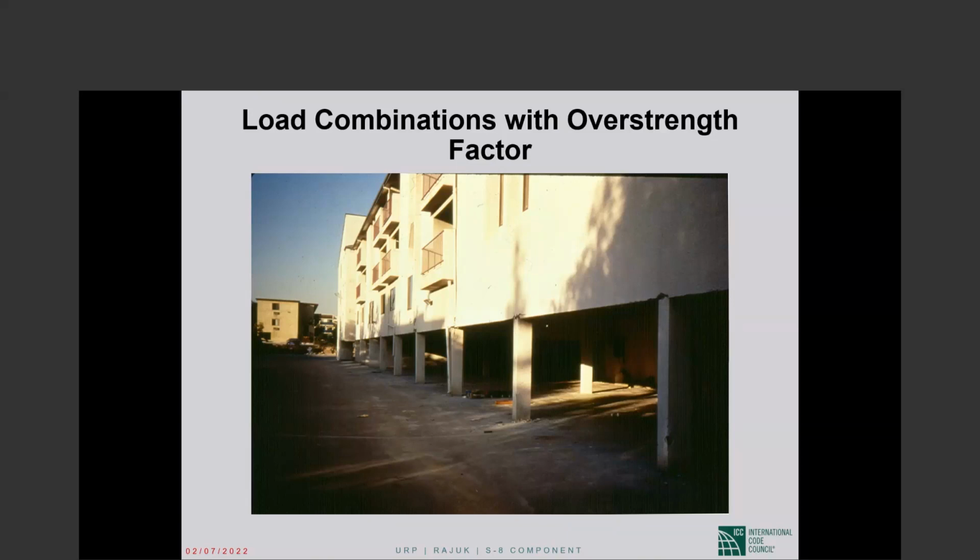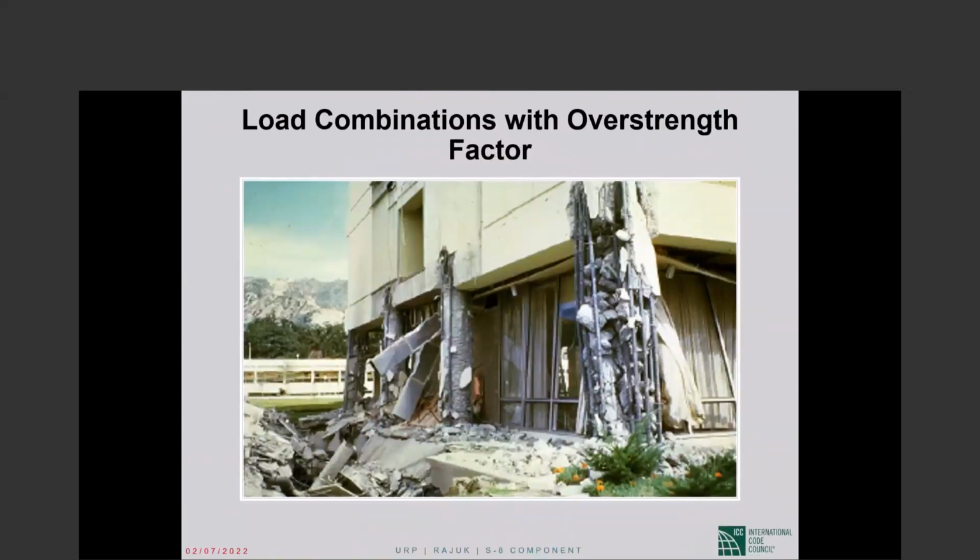Okay, so those columns must be designed using load combinations with overstrength factor. We must make them stronger. And there are other things we do to the same columns. This is the famous Olive View Hospital after the 1971 San Fernando earthquake.